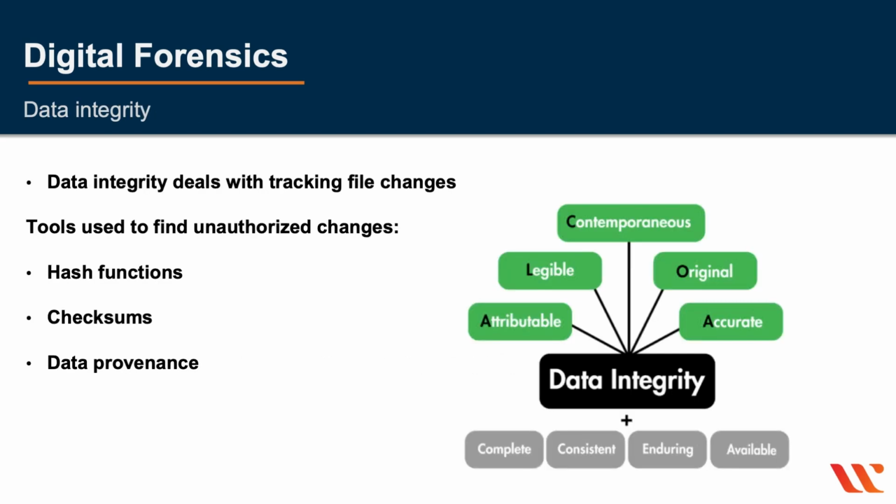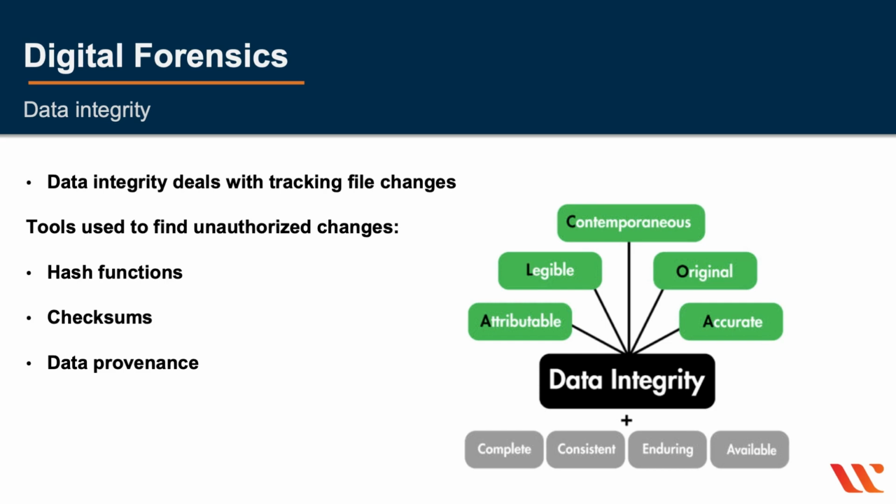Another concept that's important for forensics is the integrity of the data. This essentially means that any unauthorized change to an element, or any of the updates or deletions that are happening, need to be properly authorized, or they need to be documented. Some of the tools that are used for finding any unauthorized changes are hash functions, checksums, and data provenance.